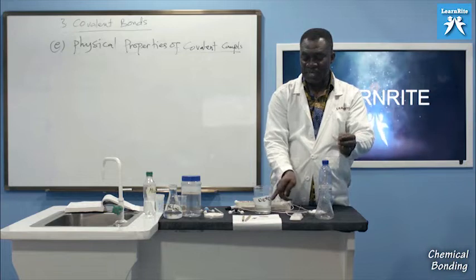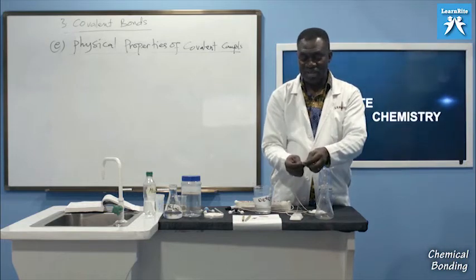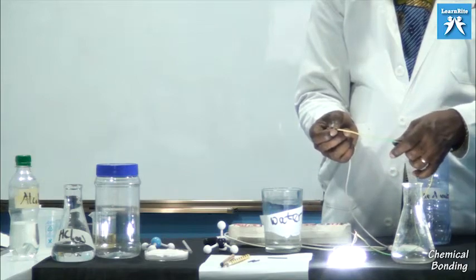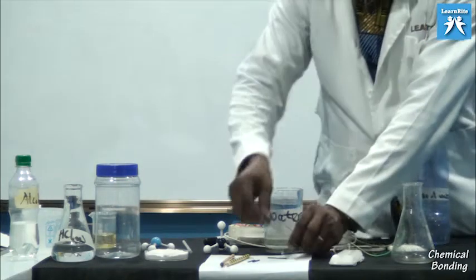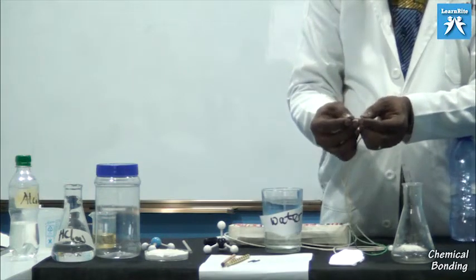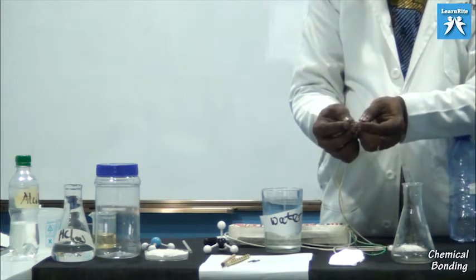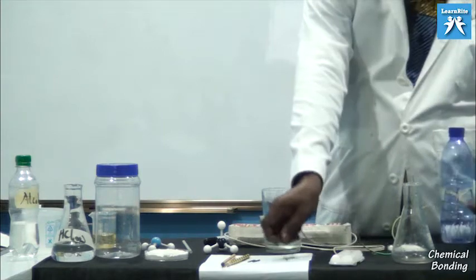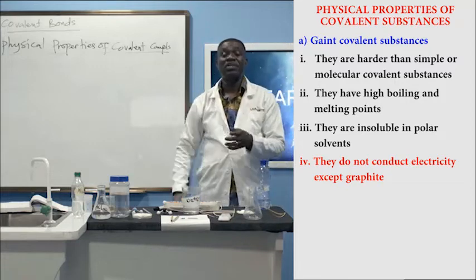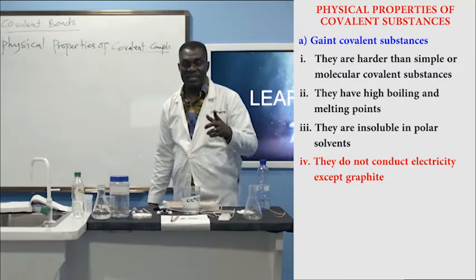When I take away the graphite and use the metal, wire to wire, you see how the conduction is very high. But with graphite, it's quite low, because the electrons are not that many, and they don't move as freely as in metals. So that is the difference. With the exception of graphite, the giant covalent substances do not conduct electricity, but graphite does.